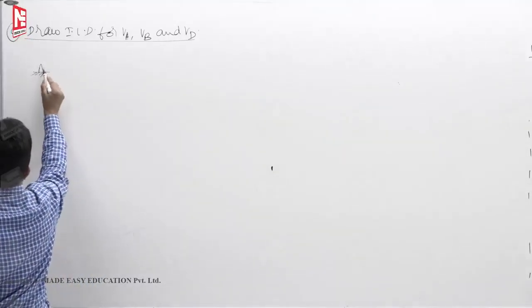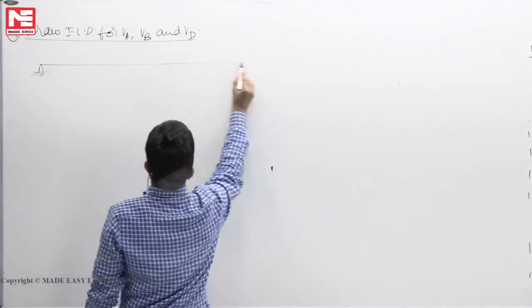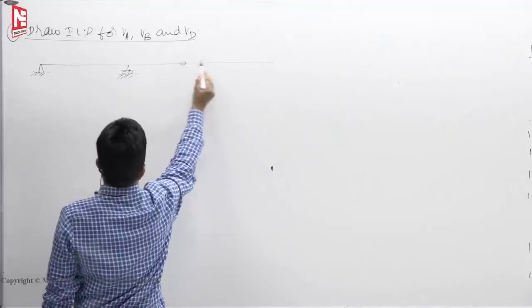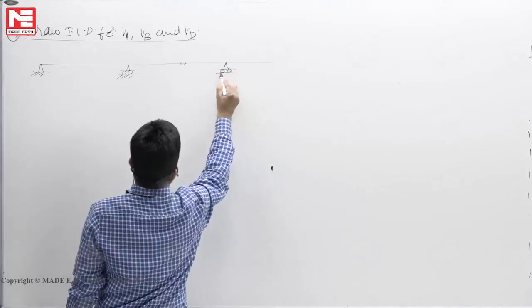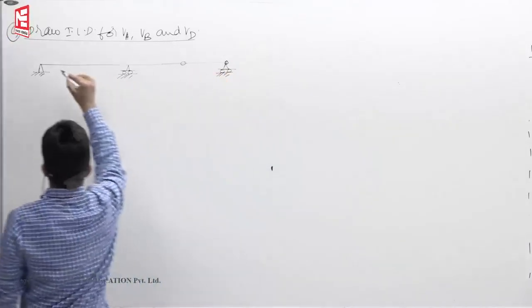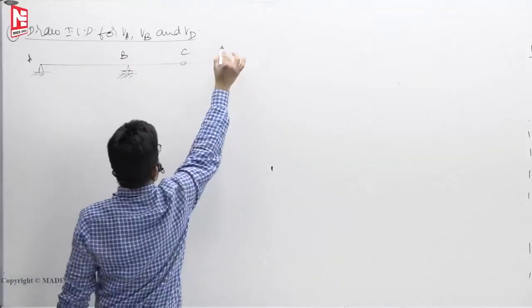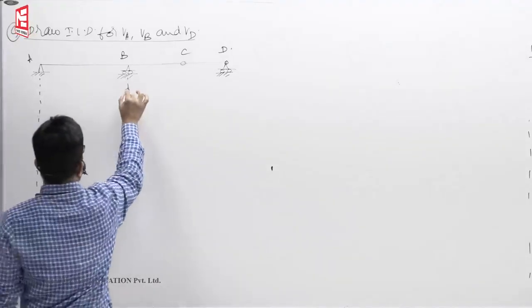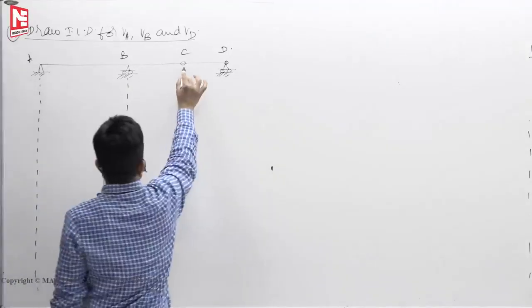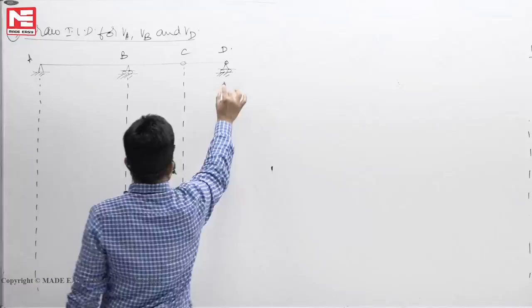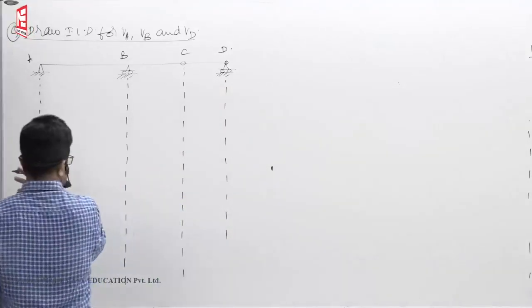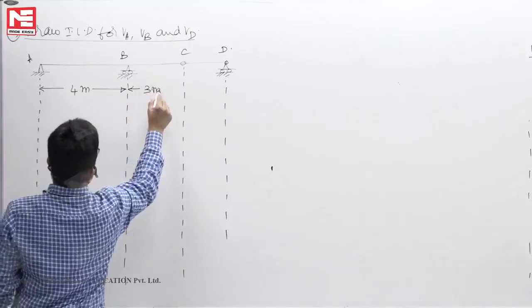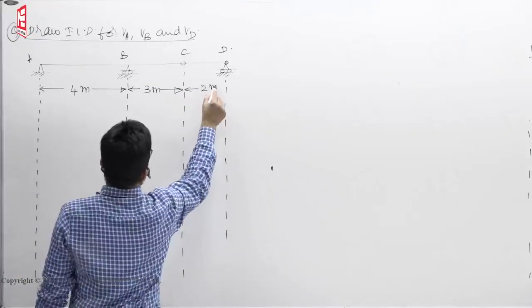Assume that you have a continuous beam. This is the beam, let us say A, B, C, D. Let us assume that this length is say 4 meters, 3 meters, 2 meters.